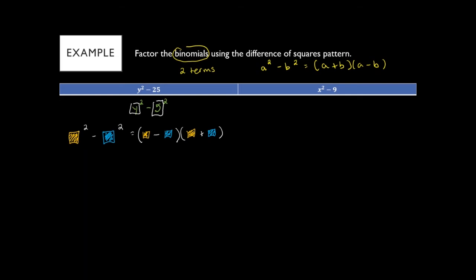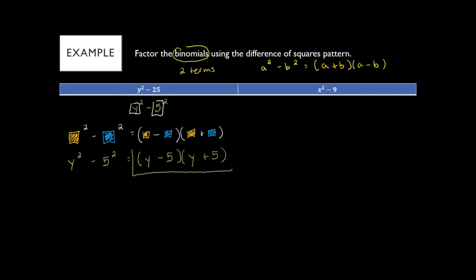So to factor this, let me go back to my green. So we've got y, I'm actually going to put it right underneath so you can see the pattern. We have y squared minus 5 squared. So if you follow the pattern, that is y minus 5, close your parenthesis, times, so another parenthesis, y plus 5.